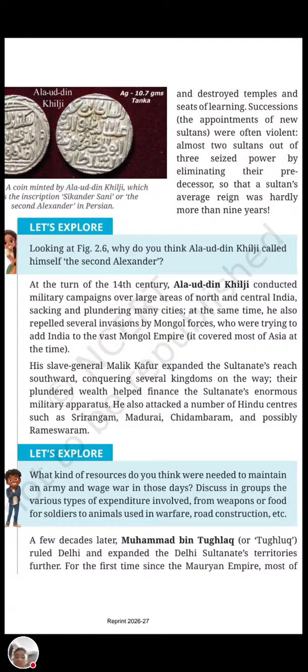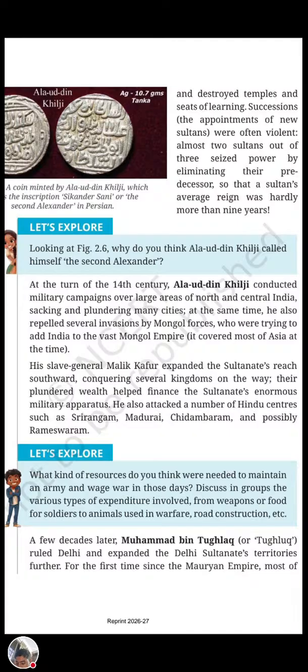He minted one coin, and on his coin he wrote Sikandar Sani, or the second Alexander. Why did he write so? Because he wanted to show his ambition and military strength to all the people present. He wanted to show that ambition and military strength to them.